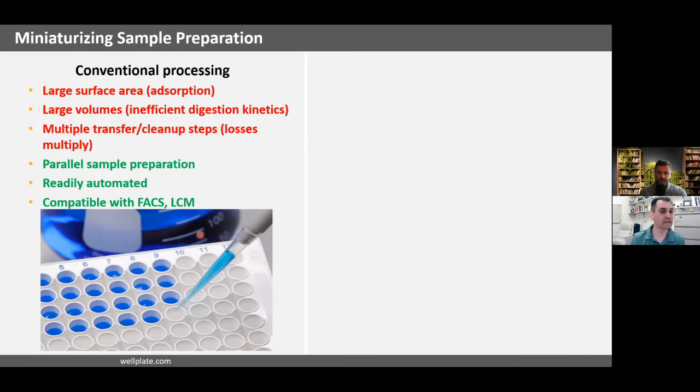But there are also some real attractive features of conventional well plate-based processing, in that you can prepare a large number of samples in parallel in a 96 or 384 well plate. These methods are readily automated using liquid handling robots. And because these are open platforms, they're compatible with some of the techniques that we use to isolate and transfer cells or tissues into our reaction vessels, such as fluorescence activated cell sorting or laser microdissection.